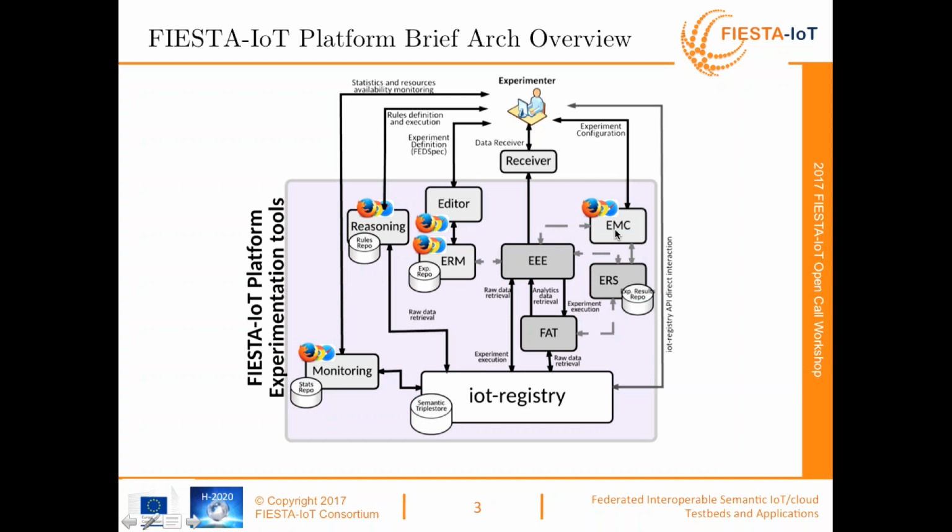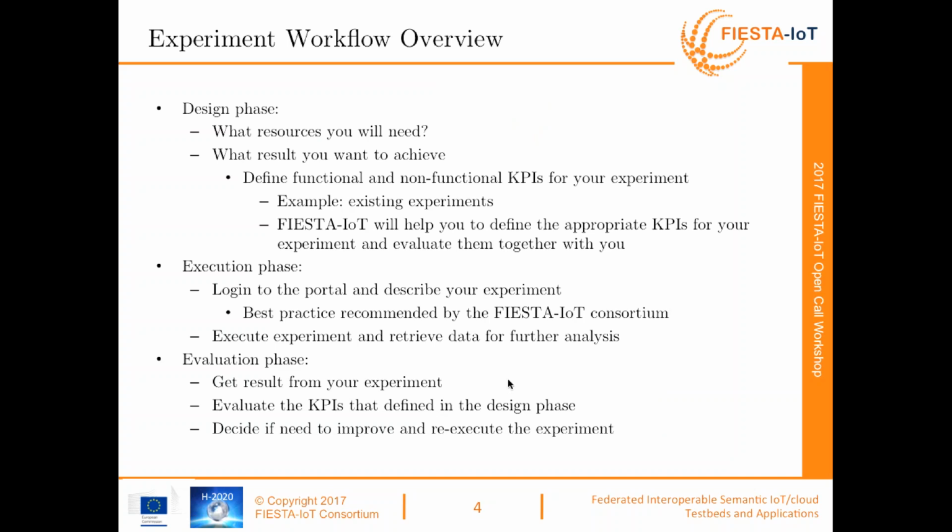Of course, as said before, you can directly access the IoT registry APIs, bypassing all these tools that I have presented here. Given those tools, there are also different phases that we have come up with: the design phase, the execution phase, and the evaluation phase. In the design phase, you should be clear what your experiments are doing, what resources you need, what is present in Fiesta, and how you can use them.